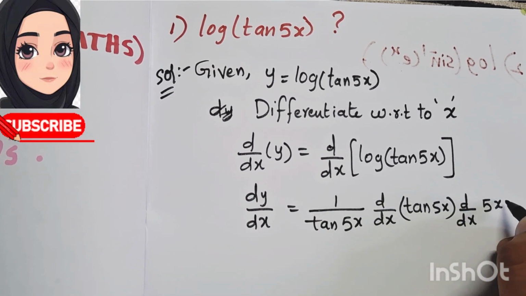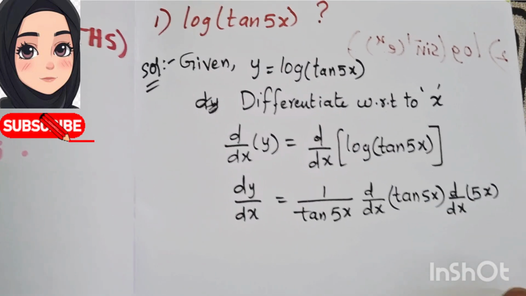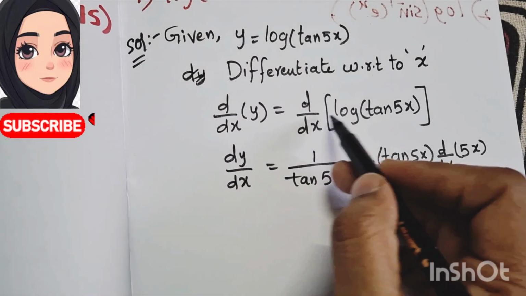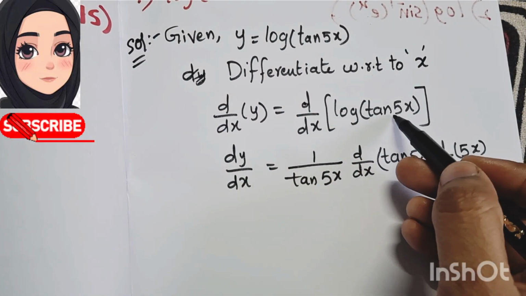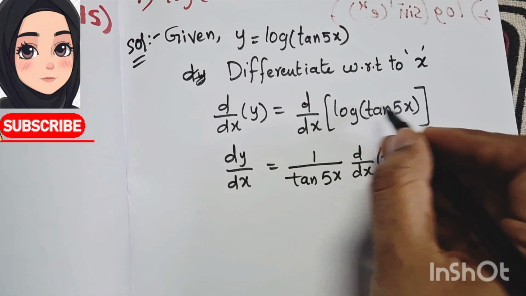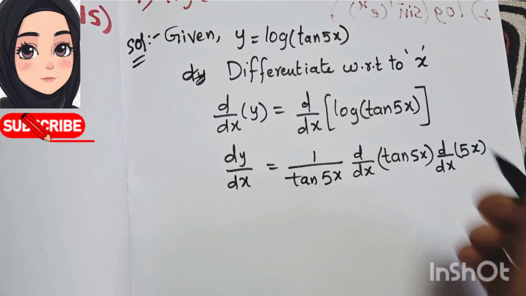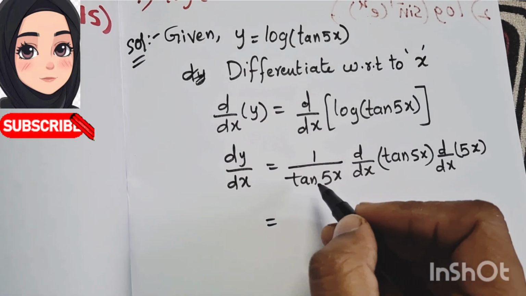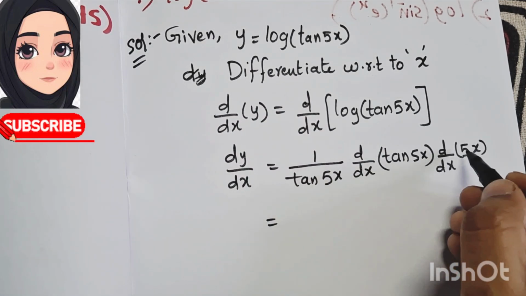We have to differentiate each and every term of x: first log, then tan, then 5x. Three different terms are there, log, tan and 5x.